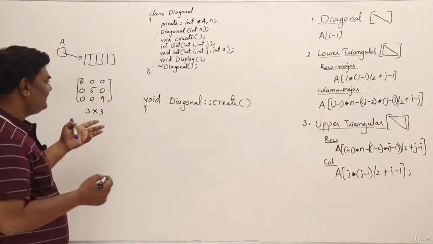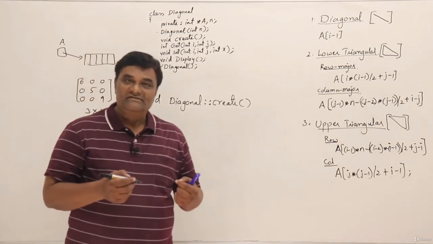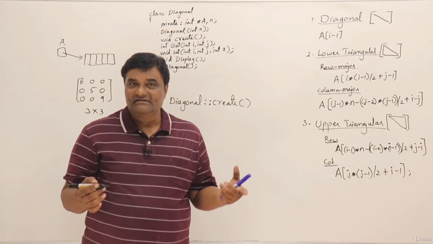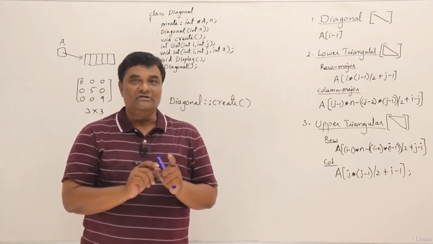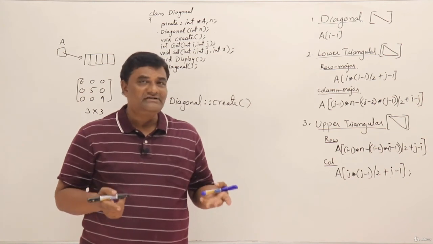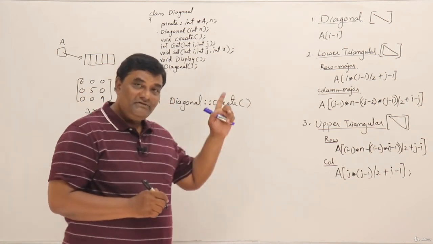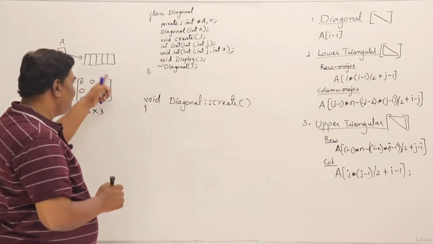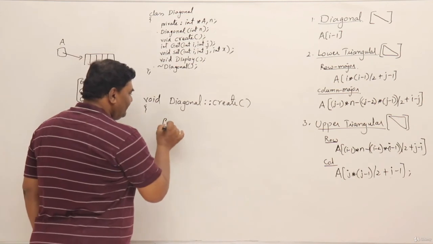What about rest of them? They are 0. Shall we read those also? So let us read it just like a matrix, a two-dimensional matrix, and store only those which are non-zero. Rest of them we know they are 0 only. Just ignore them. So I will write down the code for reading this entire matrix. So for that, I need two for loops.